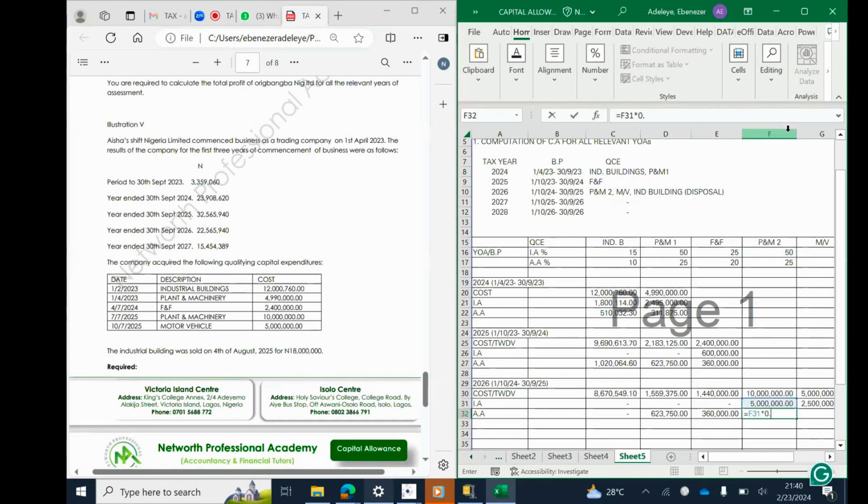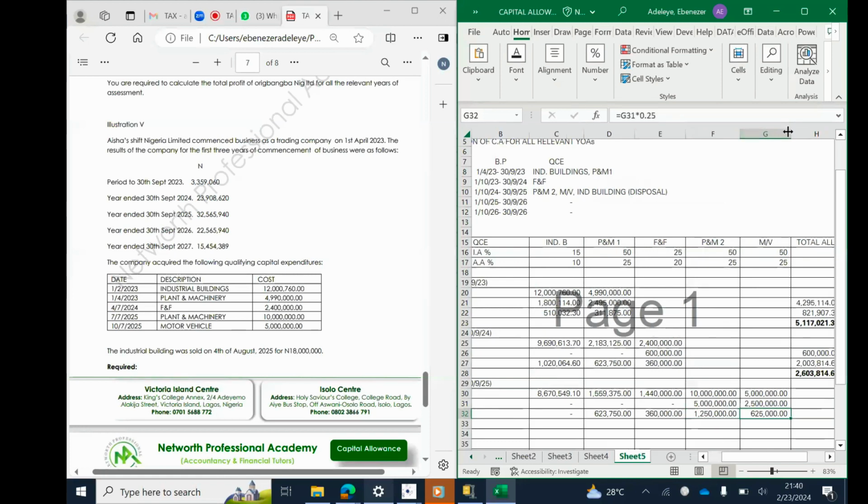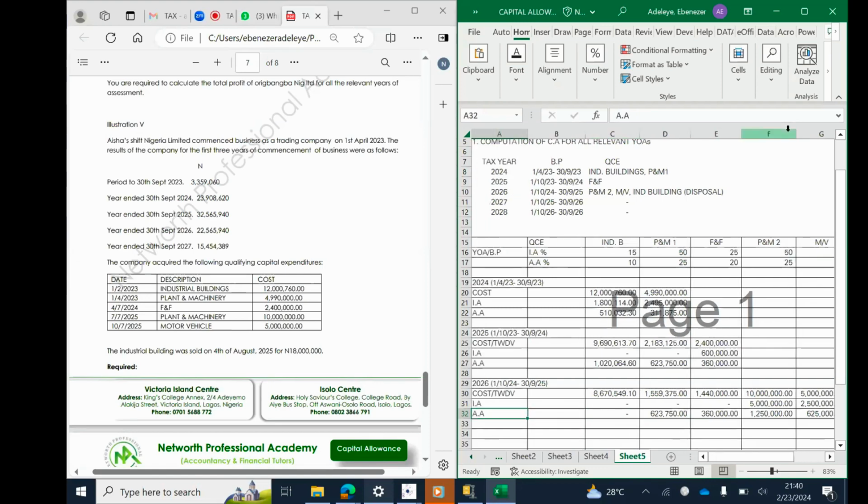In your case, this is what you are going to use. For those doing it online, you use a calculator. Please, if at any point you do not understand my calculation, just call me back. Is that okay, please? Yes, sir. Here we have disposal, because there was disposal during the year.